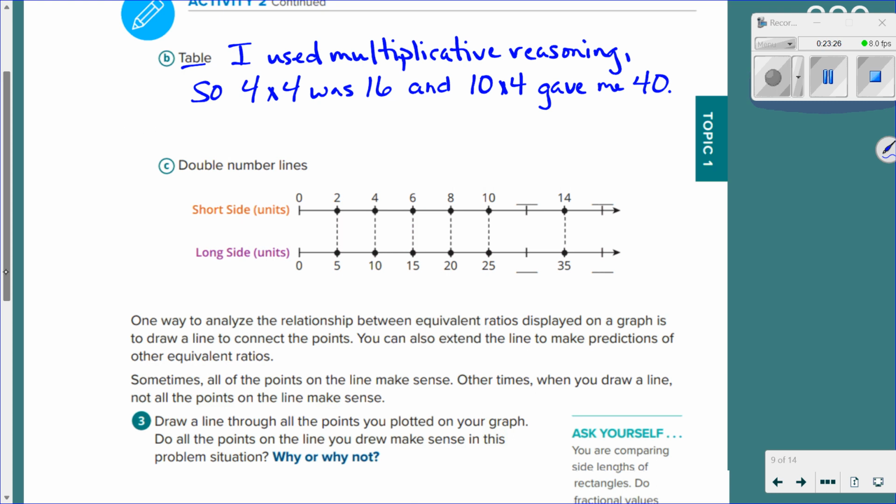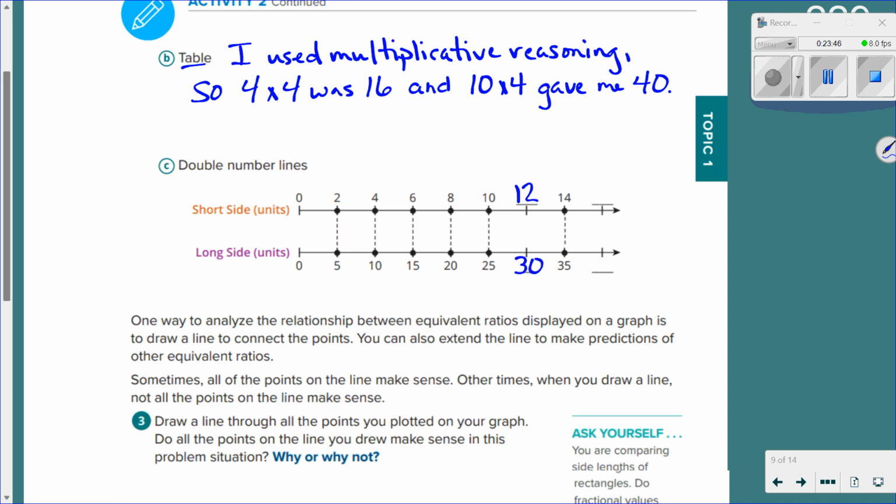So here's a nice thing on the double number line. If I have gaps, it actually really stands out. So what would be between my 10 and my 14? What value would that be? Brantley? 12. So then what would be between my 25 and my 35? 30. Good job, Rashad. Does that make sense for everybody?